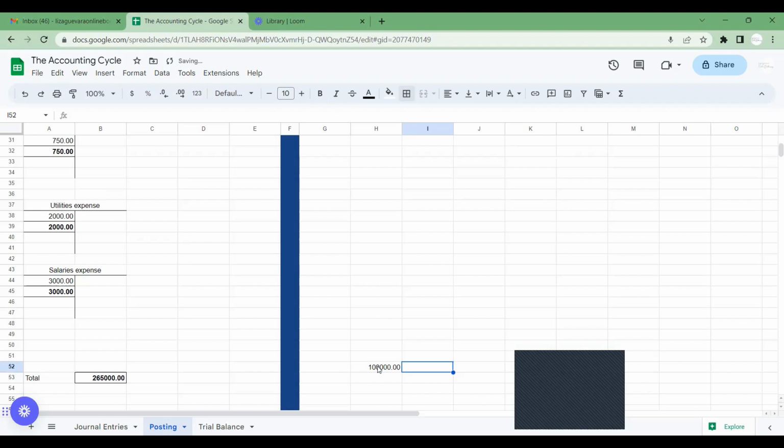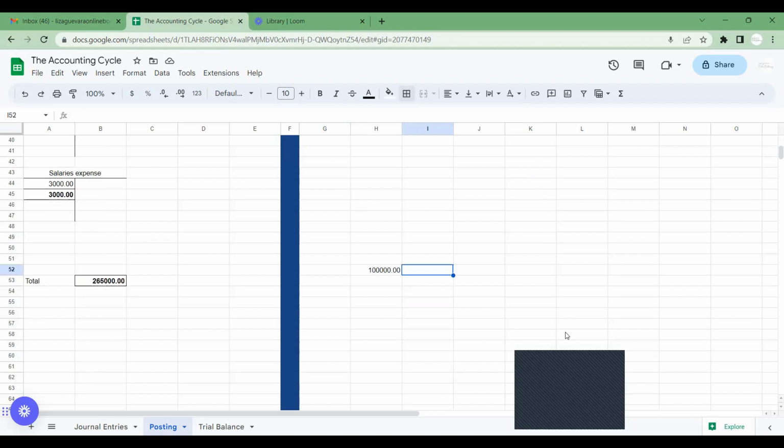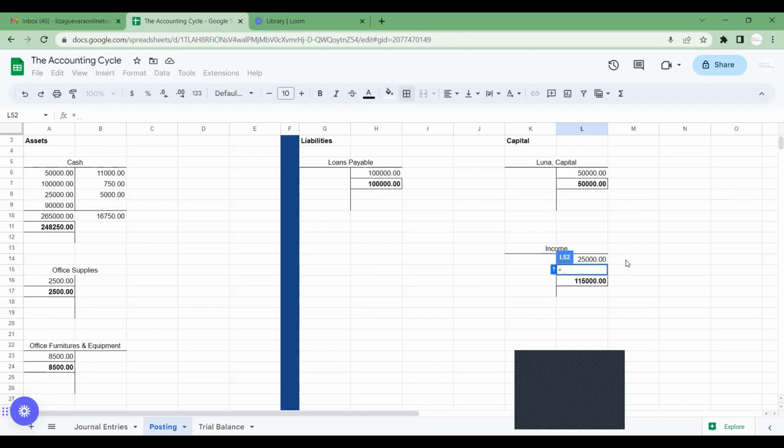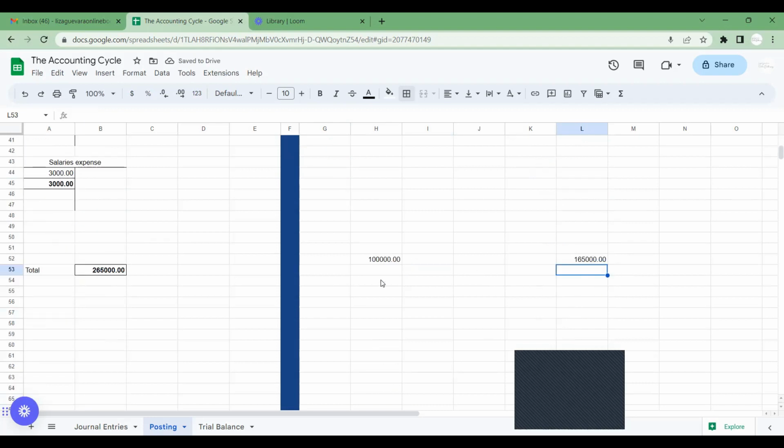And on the capital account, we have 50,000 and your total income, so that would be plus this one.